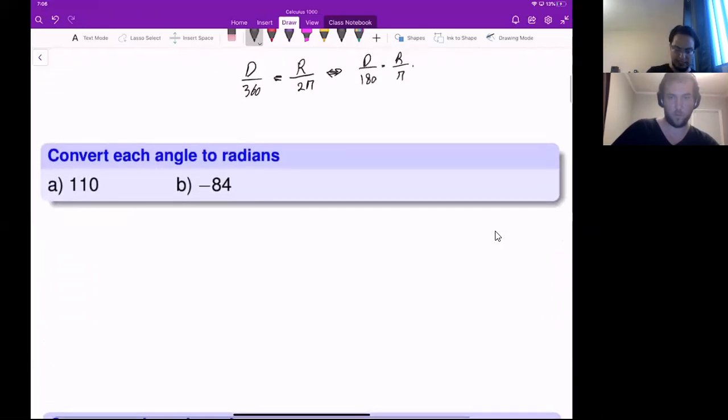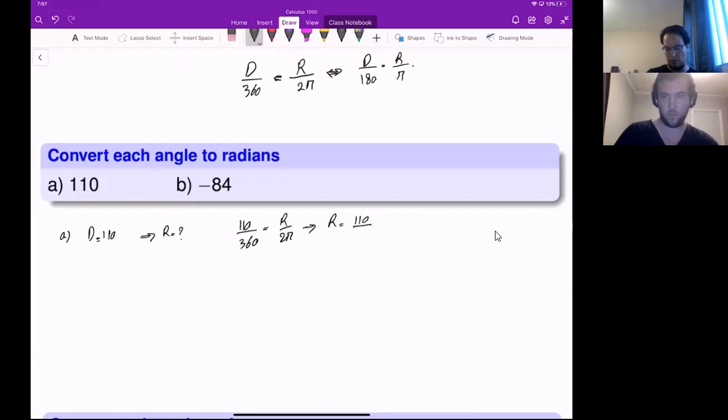So in this case, for example, part A, d is 110, and we want to find what is r. Well, you just put it there, and I know that d is 110. And right away from there, you see that r is 110 over 360 times 2 pi. Again, we can simplify and write it as 11 over 18 pi.